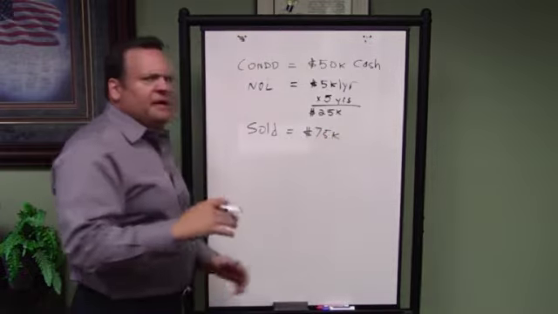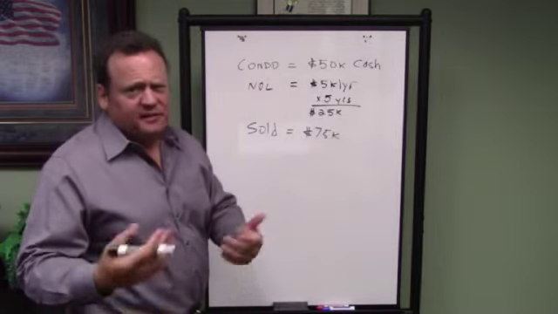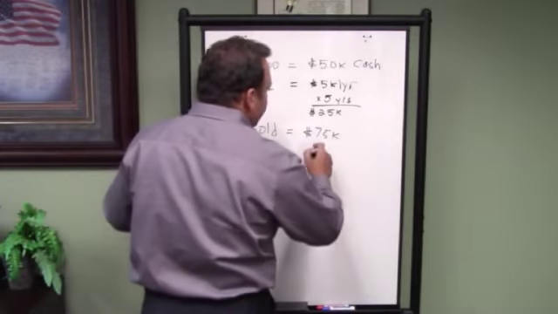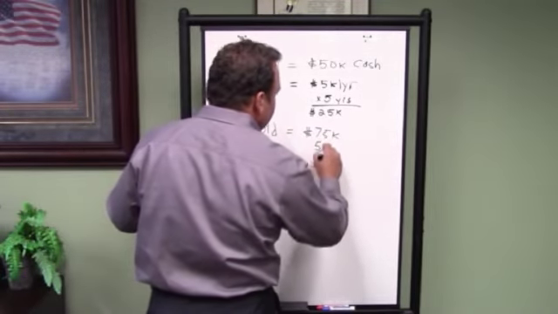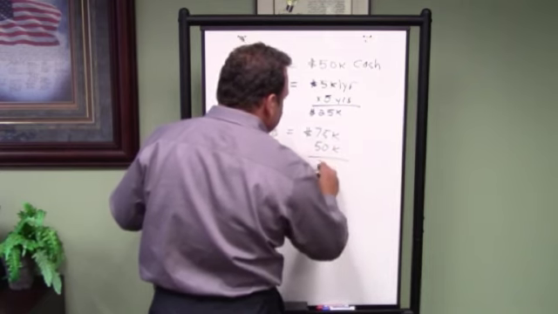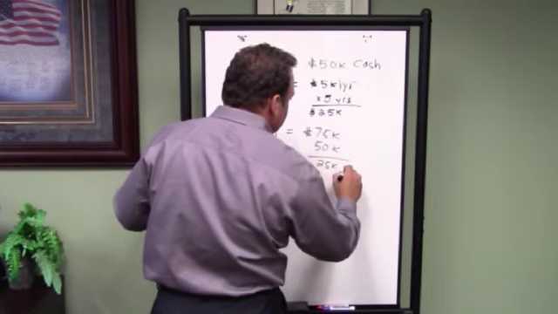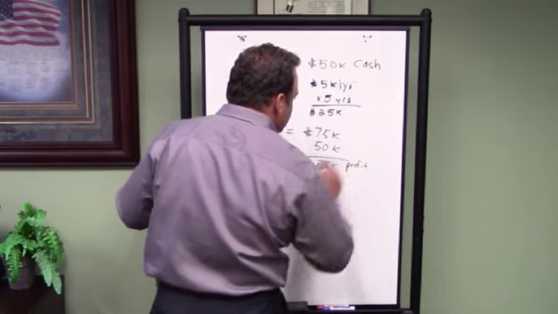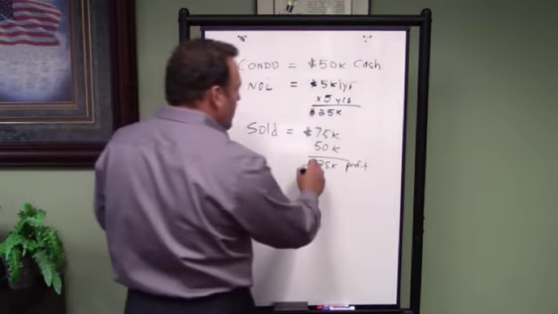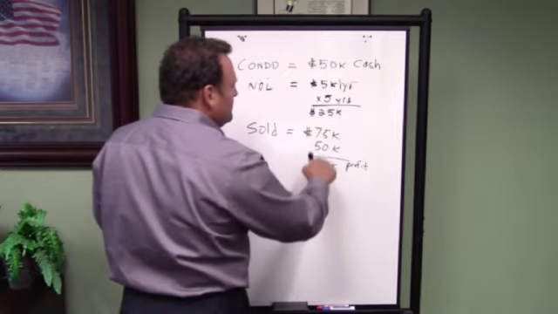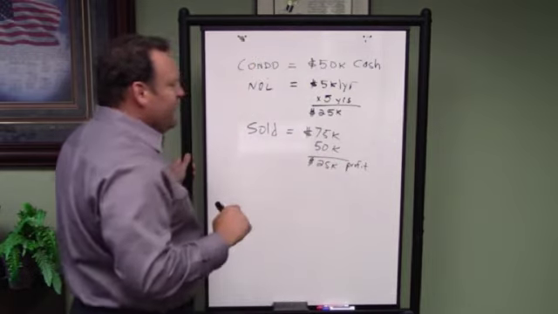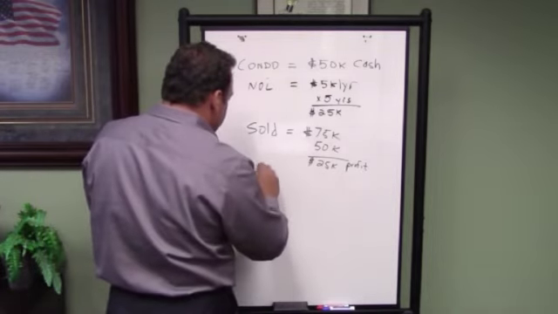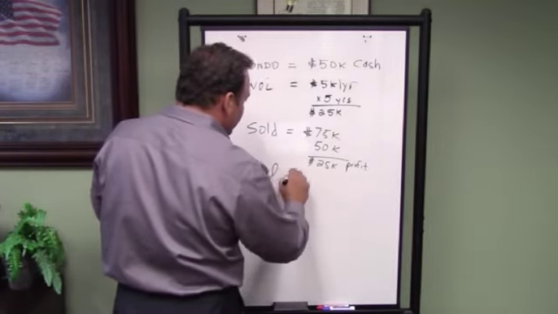Now again, I'm omitting broker's fees and closing costs just to make the concept easier to follow. So 75, the sale price, minus 50, what you paid for it, is a $25,000 profit. So we made $25,000 on the back end, and we made $25,000 in income over the 5 years. So our total is $50,000.